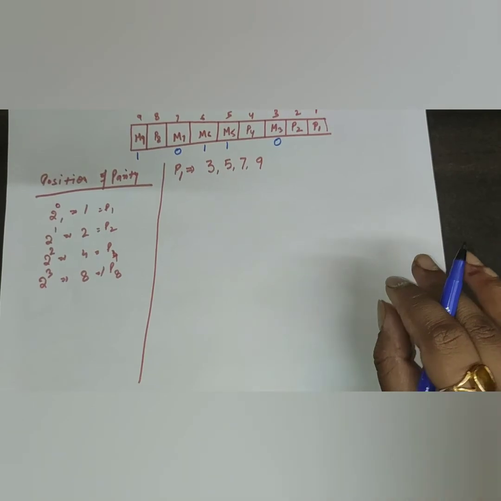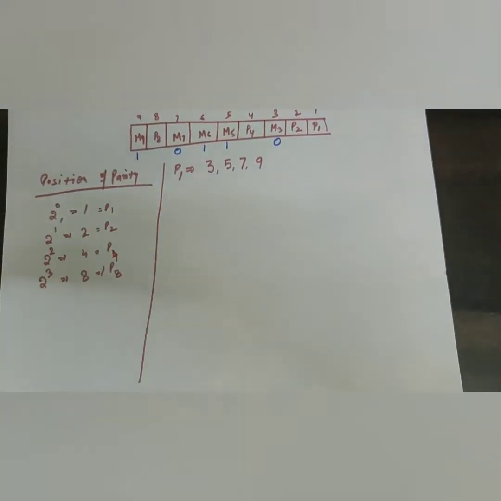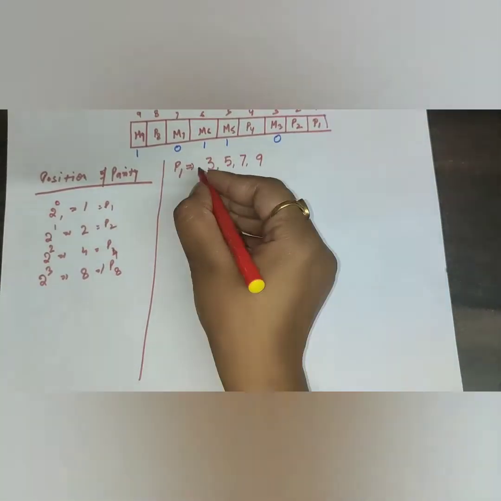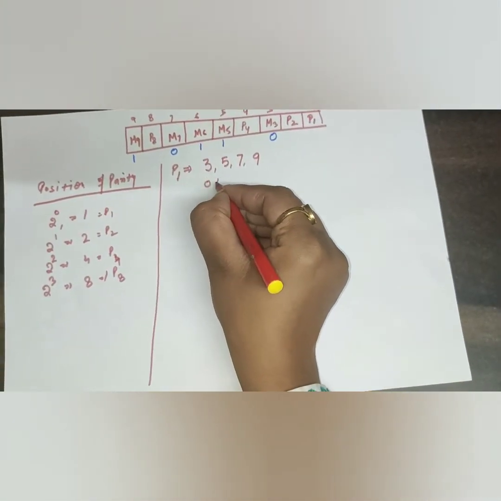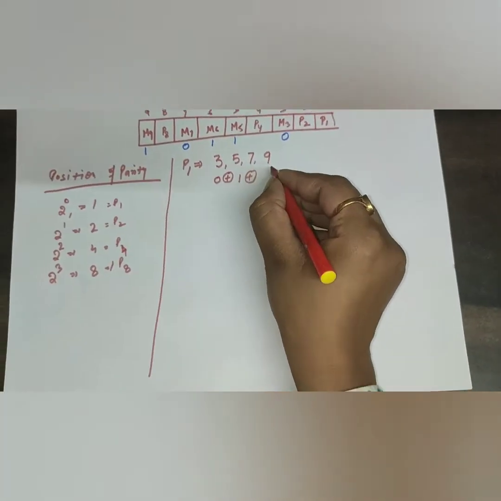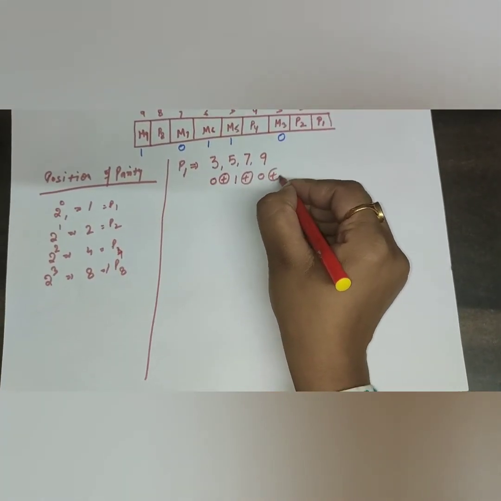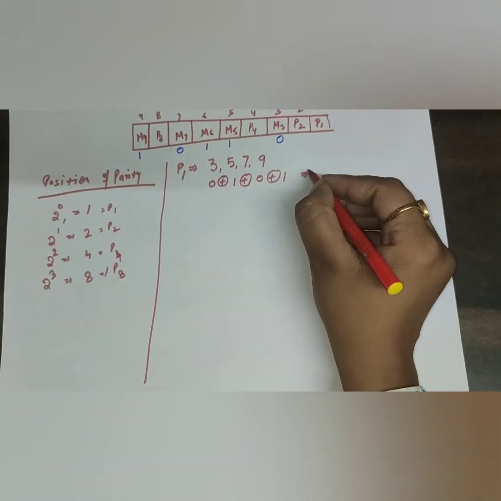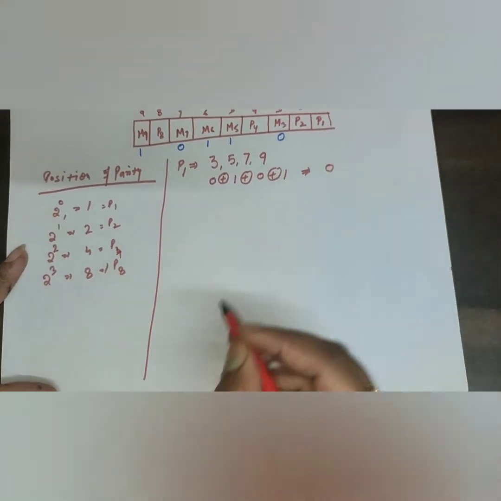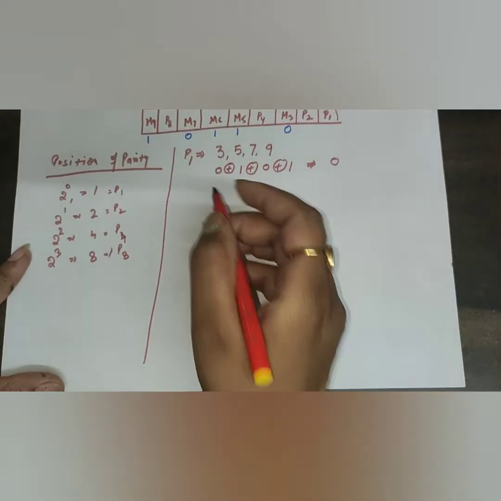Now P1 will be 3, which is 0, XOR 5, which is 1, XOR 7, which is 0, XOR 9, which is 1. So P1 will be 0.